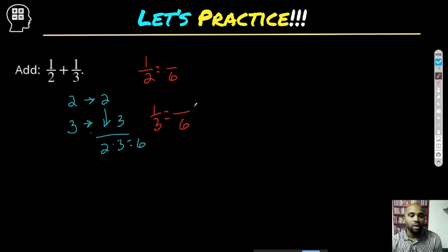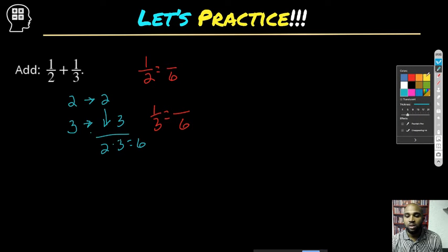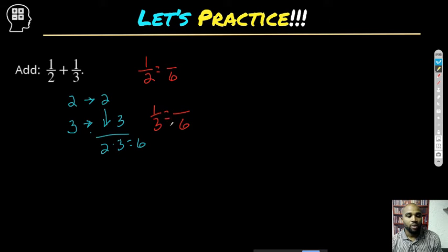In order to keep them equal, we need to remember to multiply by a factor that is the same on the top and bottom, on the numerator and denominator. So we ask ourselves, 3 times what factor gives us 6? Well, 3 times 2 would give us 6. If we multiply by 2 on the bottom, that equals 6, so we need to multiply the top by 2 as well. 1 times 2 is 2.